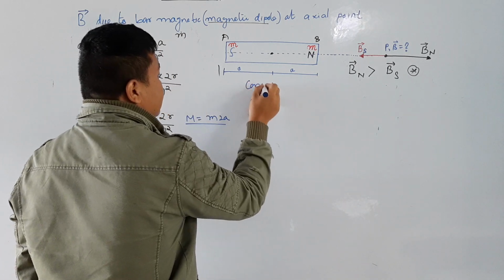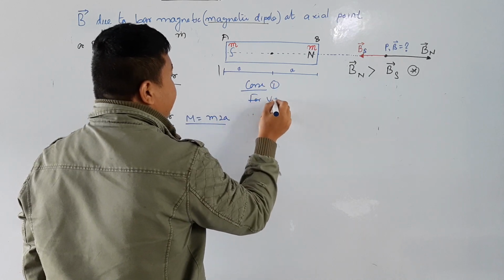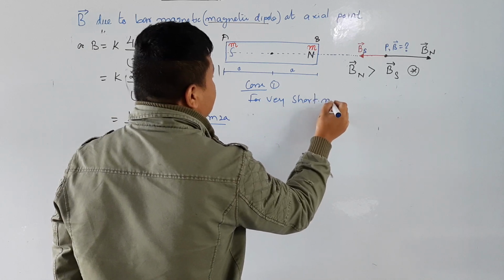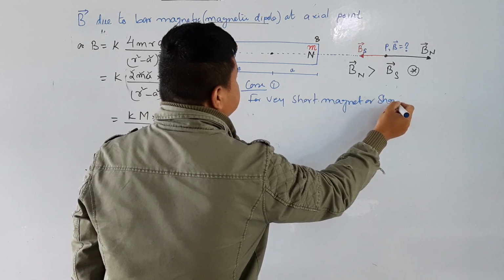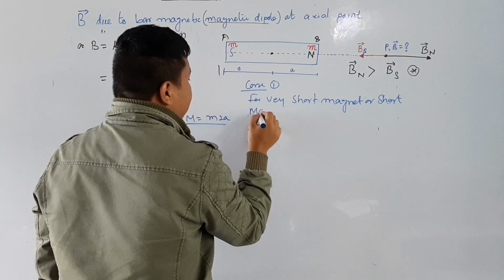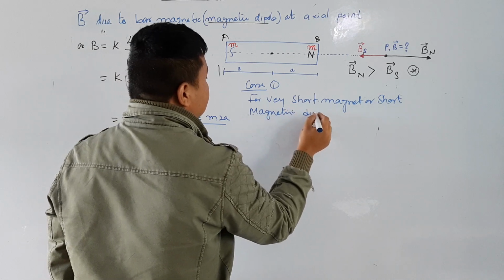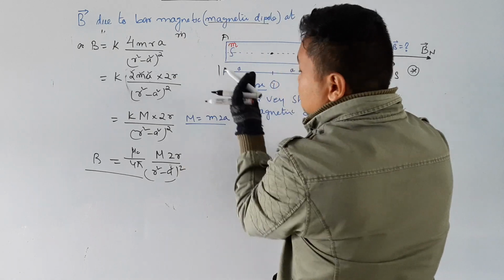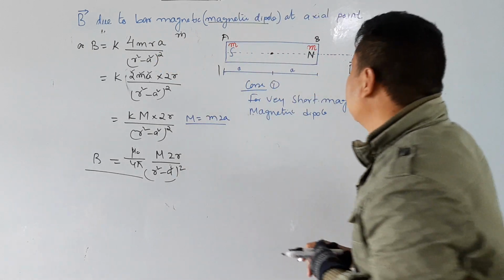Case 1: for a very short magnet, or short magnetic dipole. If this magnetic dipole is very short, or if this bar magnet is very short, then what will happen?